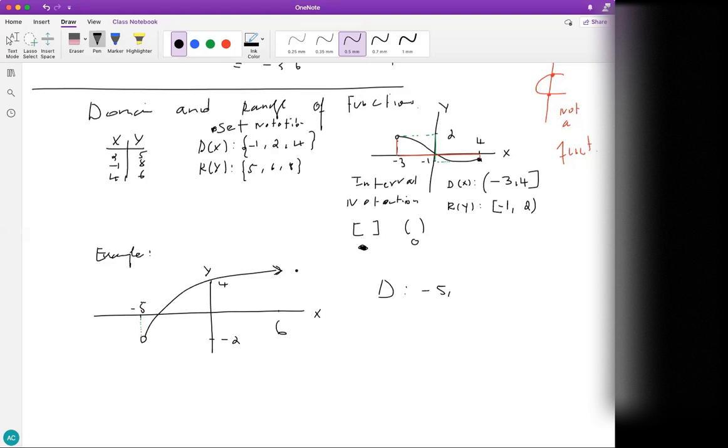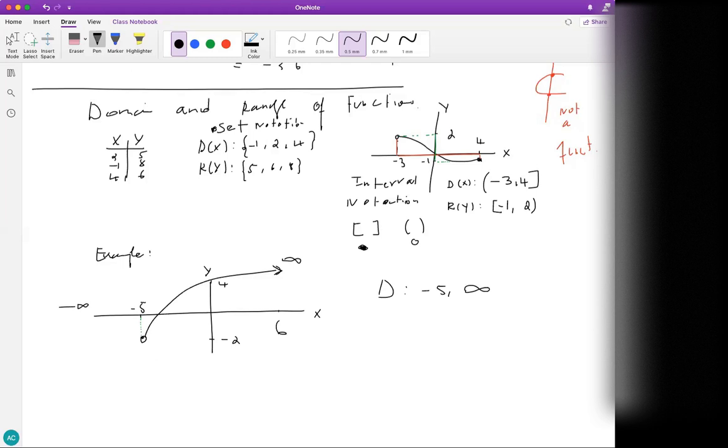What is that symbol? Infinity. Okay, so whenever you see an arrow on a graph, that means it does not stop. It keeps going and going to infinity. This direction goes to positive infinity, but the other direction is negative infinity.